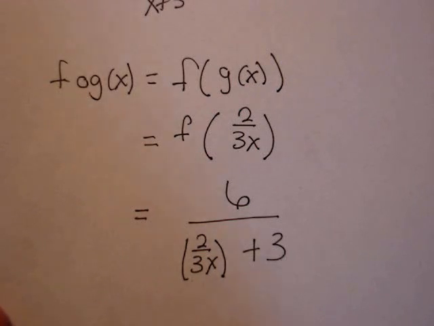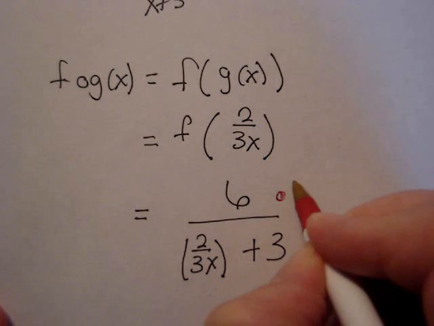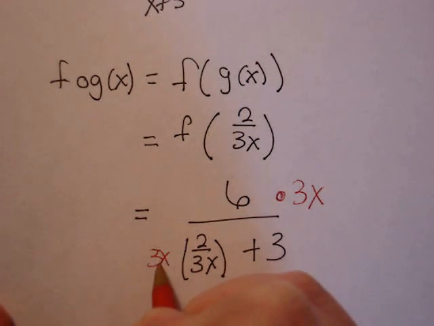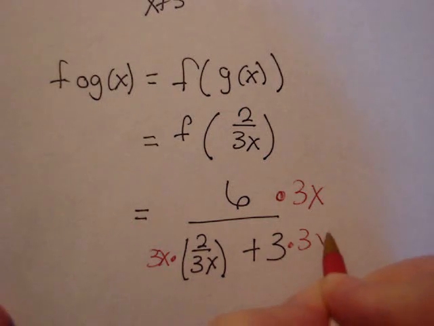My goal is to get rid of this 3x here. I know I'm allowed to multiply top and bottom by the same thing. So I'm going to multiply the top of this fraction by 3x, and I'm also going to multiply the bottom of this fraction by 3x. But if I multiply the bottom, it's the whole denominator, which means I need to distribute my 3x. So there it is, in red.